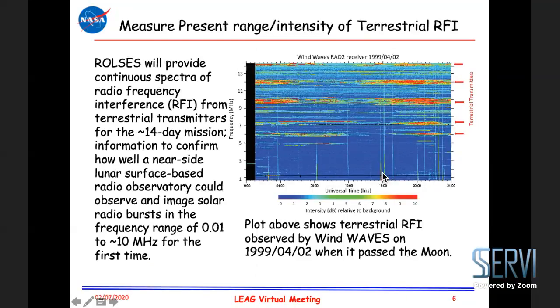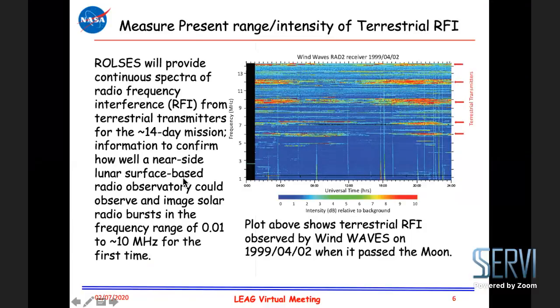These vertical lines are solar type 3 radio bursts. They're rather weak because of the low solar activity. On the other hand, the horizontal lines are radio transmissions escaping from the Earth and coming to the Moon. And so we expect to see quite a bit of that.